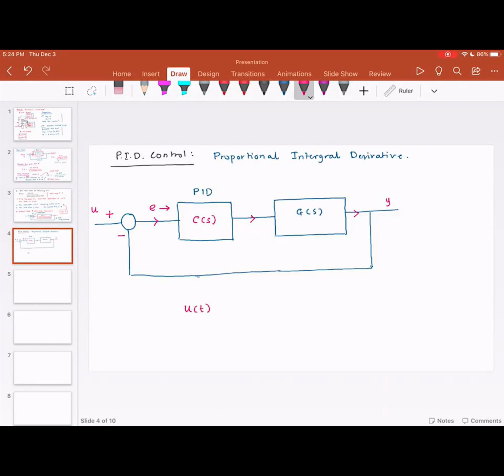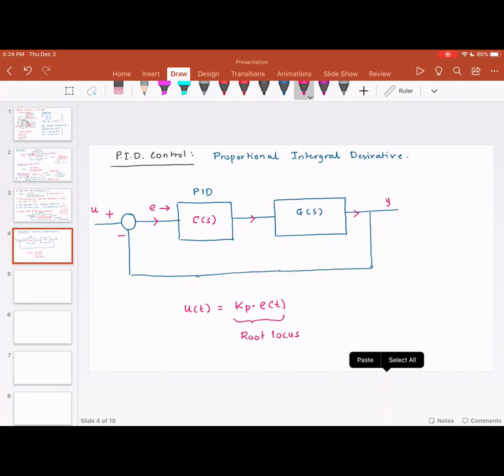I'm going to just write its definition in time domain. This is going to have a gain multiplied by the value of the error. So what it will do is it will take the error and multiply that. Please note, this is what we did in root locus.